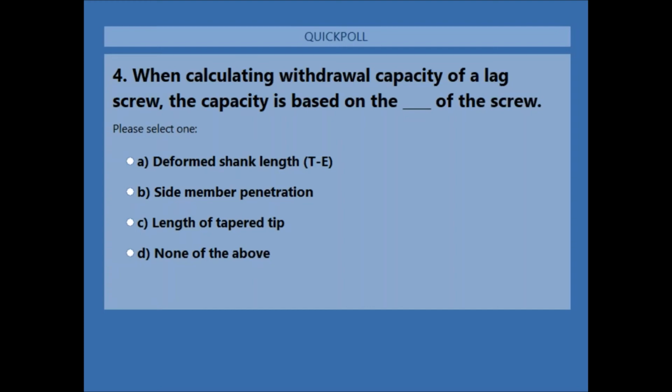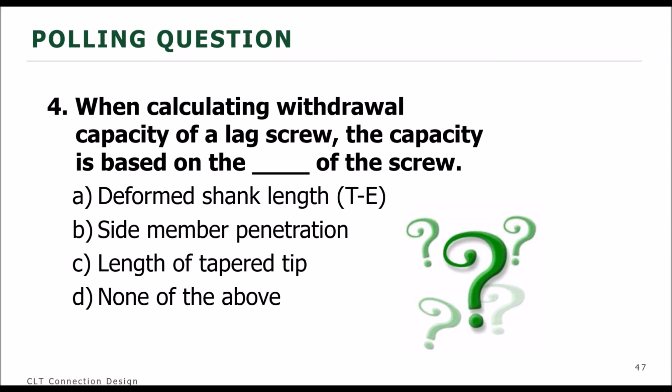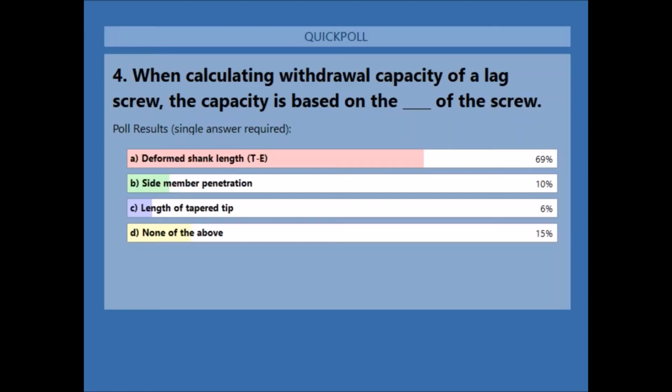All right, we'll go ahead and close this out and share the results. So we had a vast majority, 69% said it was choice A, the deformed shank length. 10% said side member penetration. 6% said length of the tapered tip, and then 15% said none of the above.